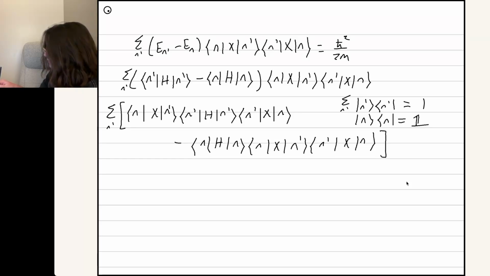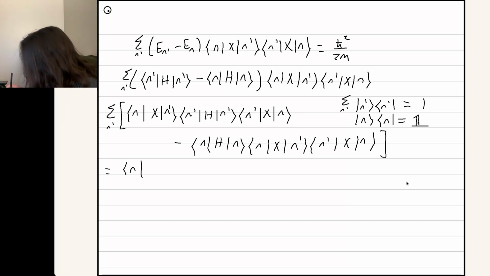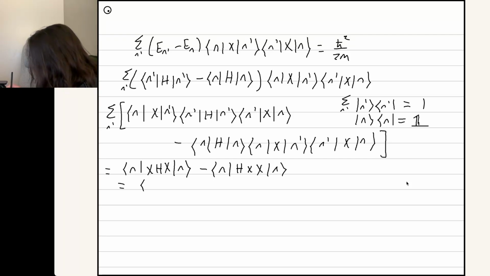And since everything in here is operators anyway, we'll let that go to 1 as well. So we'll have just n, x H x, n minus n, H x x, n, which we can combine into one expectation value like that.